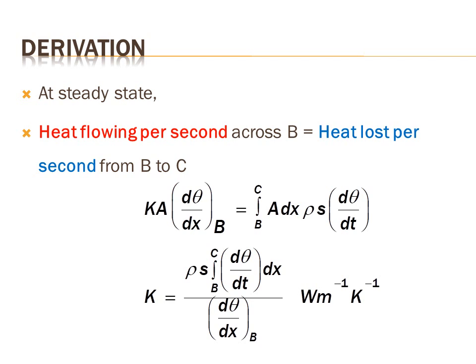We cancel the common term on either side, which is A, the area of cross section, and on rearranging the terms we obtain the expression for thermal conductivity K to be ρ s integral B to C of dθ/dt dx divided by dθ/dx at B, with the unit for thermal conductivity being watt per meter per Kelvin.